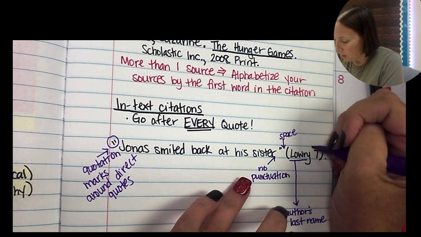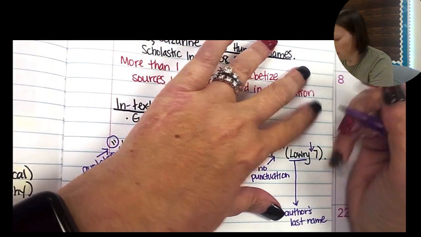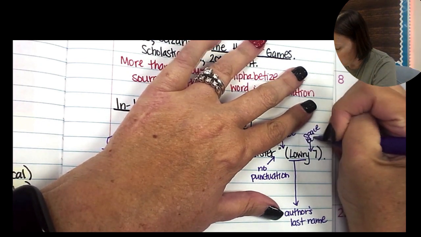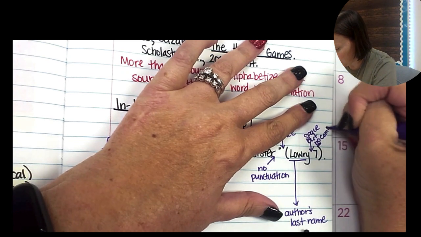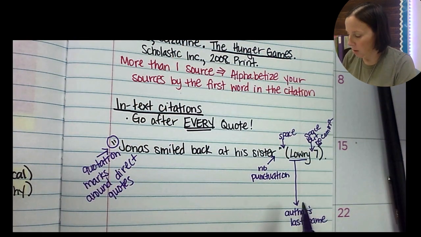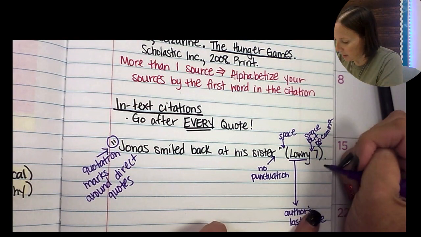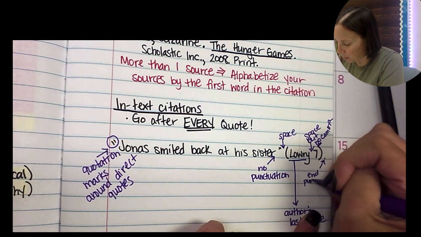So then if you look here, there's a space, but no comma. For some odd reason, kids want to put a comma there. There's just a space, no comma. Okay? And then this is where your end punctuation goes.